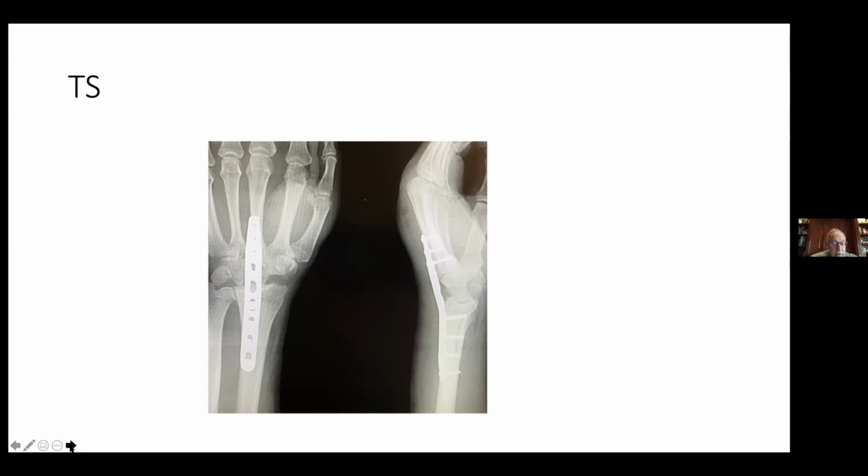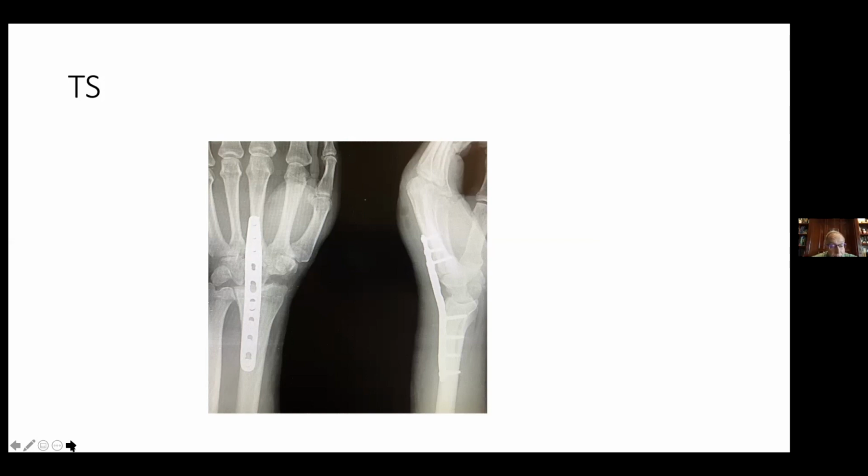He stretches the indications a lot, but the issue is that there are so many other options that work well that you have to really have a good reason to do a total wrist arthroplasty.